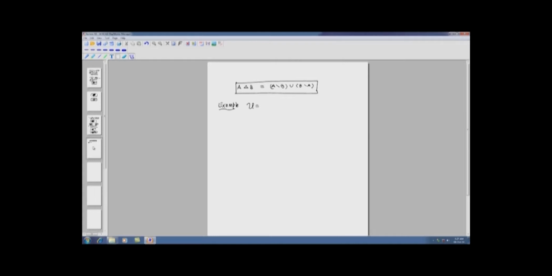Suppose our universal set is integers from 1 to 10, and let us consider the sets A, B, C as given.